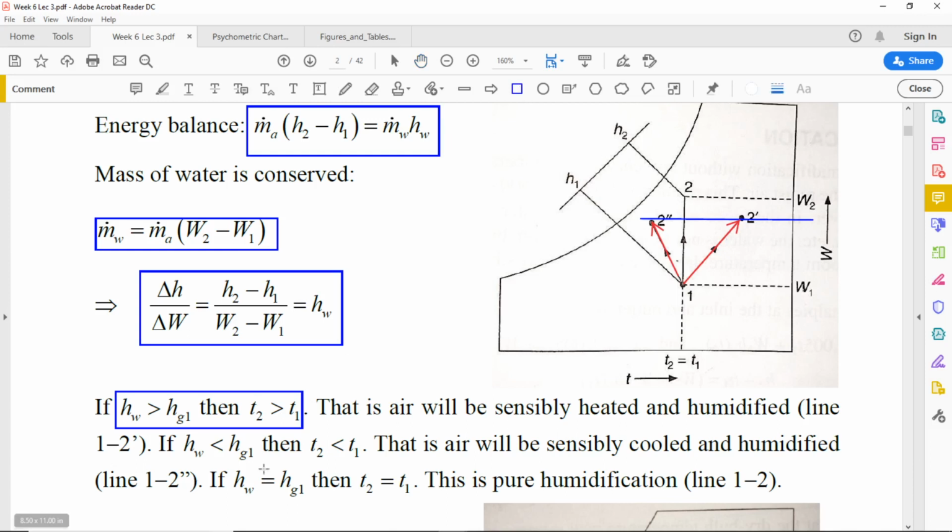So that is a second possibility for the humidification process to proceed. And the third one you can see is 1 to 2, in which we reach the same humidity ratio.